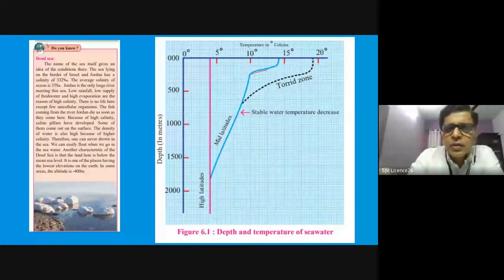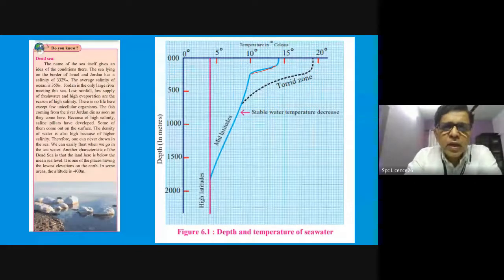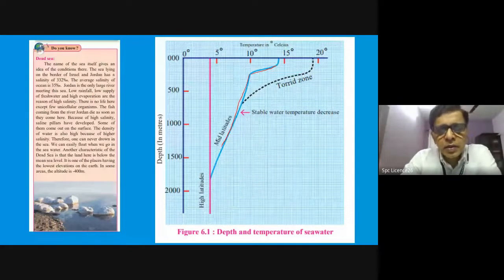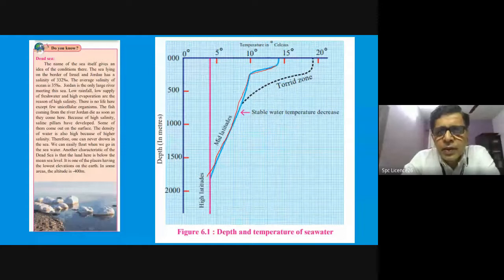But once the sun loses its impact, by around 300 meters from the surface, it starts dropping very rapidly, and in the next 1200 to 1300 meters it drags the temperature down from 10 degrees to nearly 4 degrees.